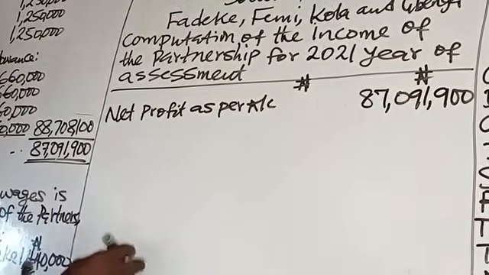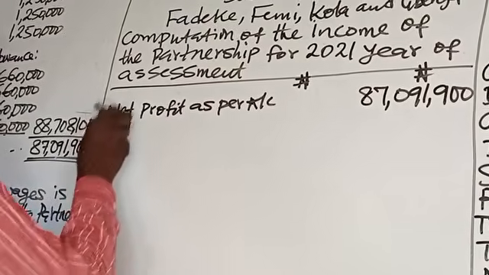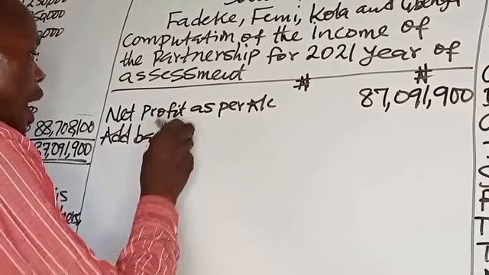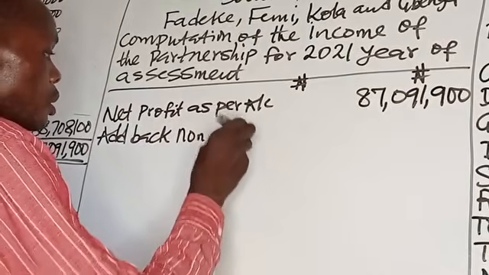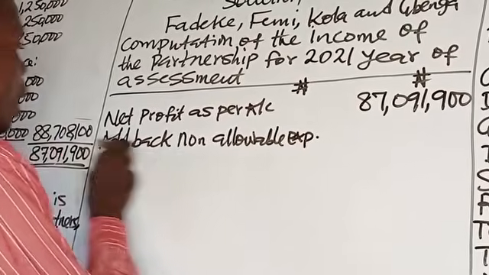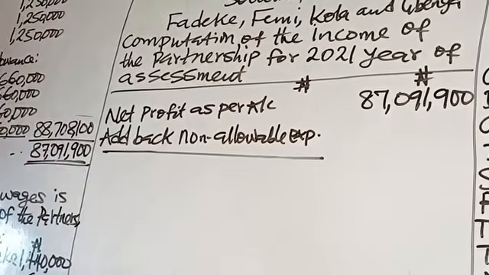So we now add back non-allowable expenses. You add back non-allowable expenses.